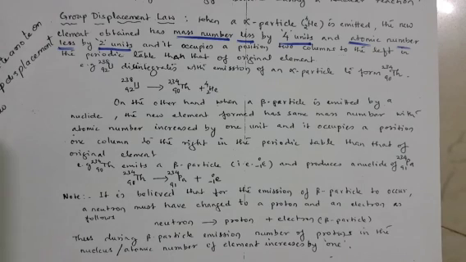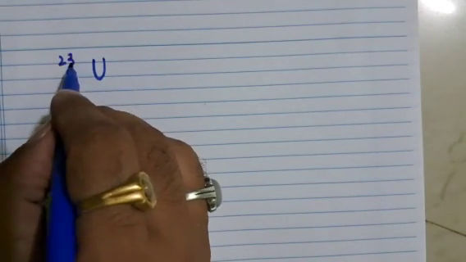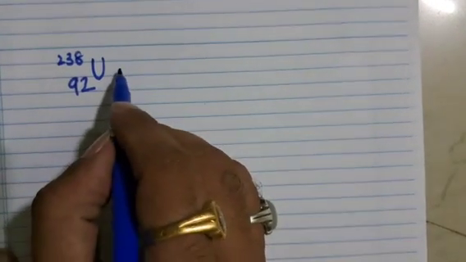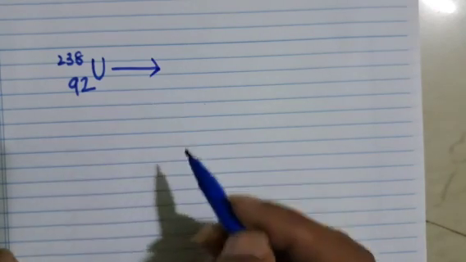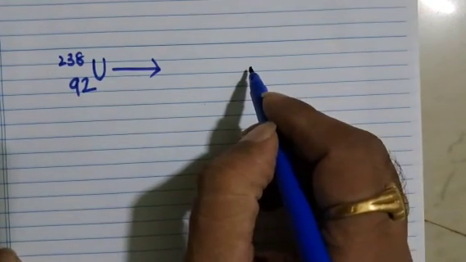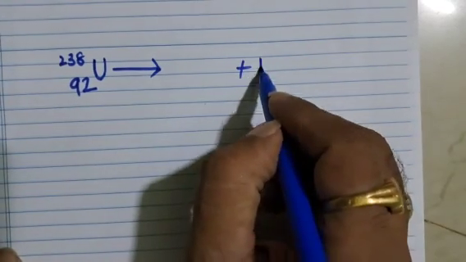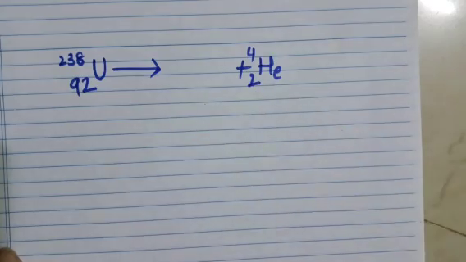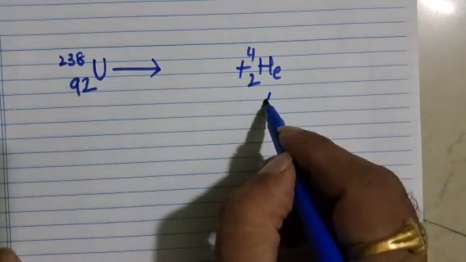The uranium nucleus has mass number 238 and atomic number 92. When it undergoes disintegration, it emits an alpha particle, that is the helium nucleus, 4 and 2.